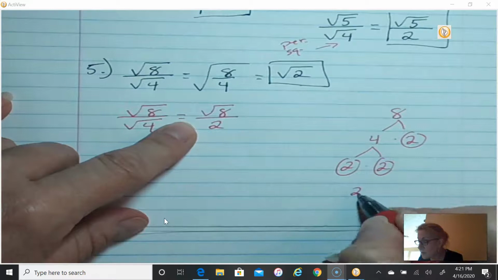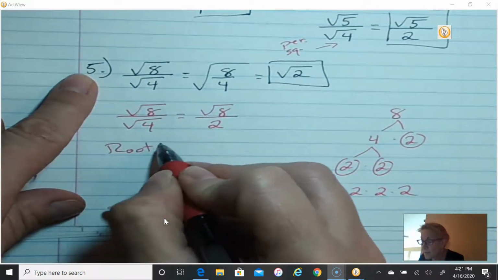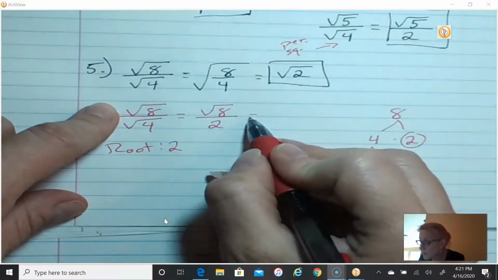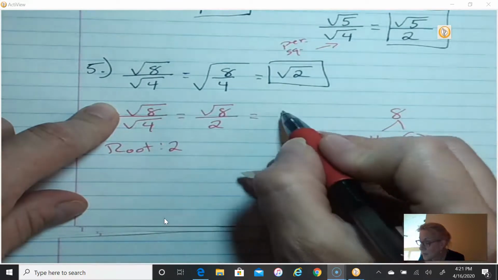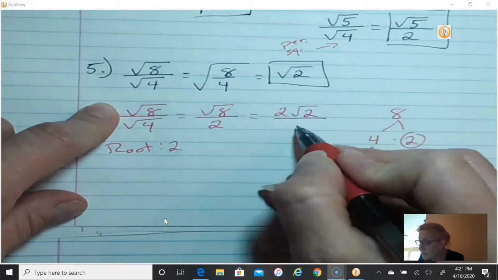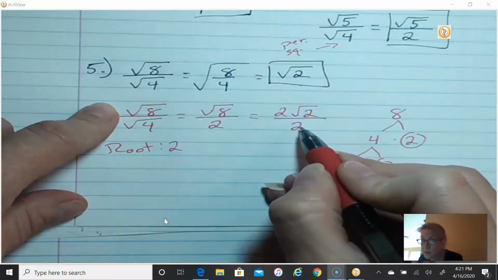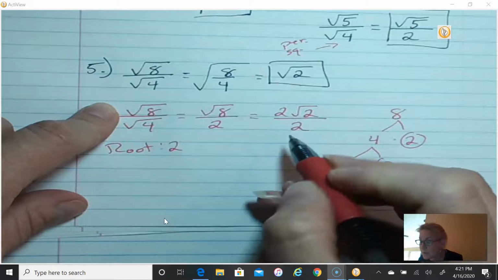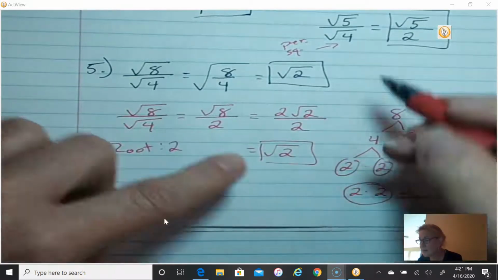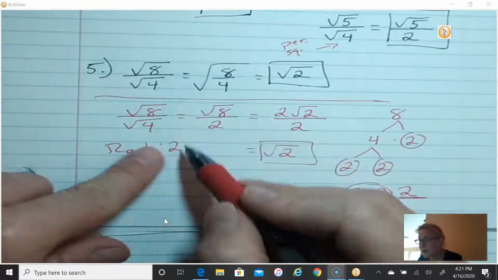So I have 2 times 2 times 2. What's my root? It's 2. So I can circle that. So then I'm left with, that goes on the outside, that goes on the inside, and that 2's down there. See where I'm going with this? 2 divided by 2 is 1. So you're left with that. See? They're the same. So that's 2 ways of doing that same problem.